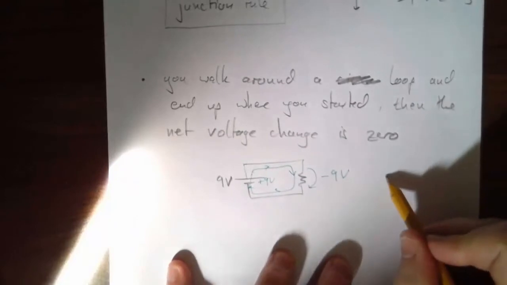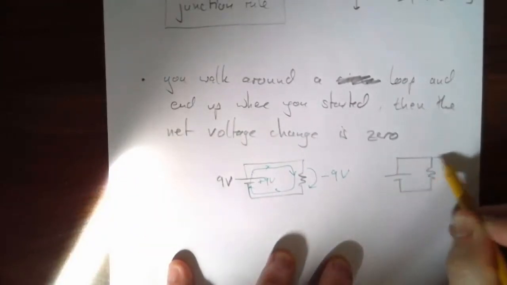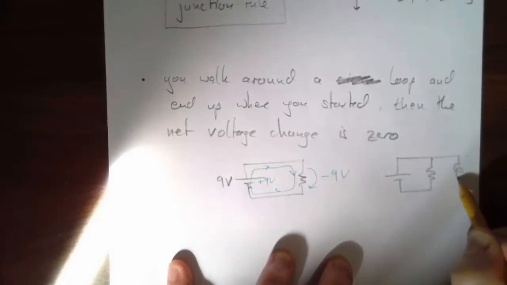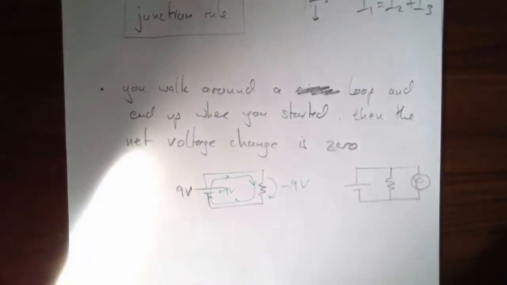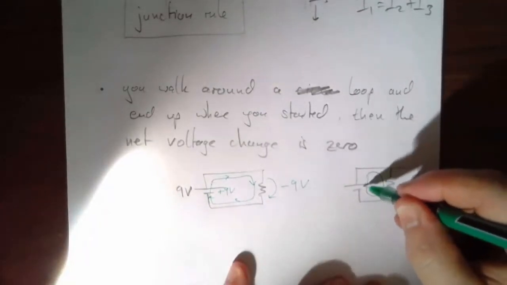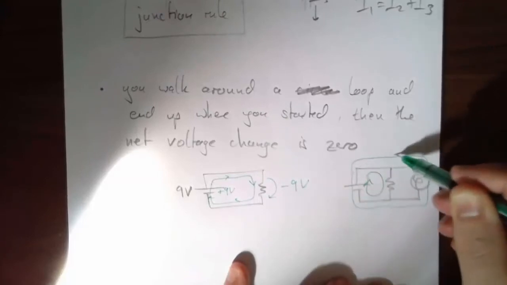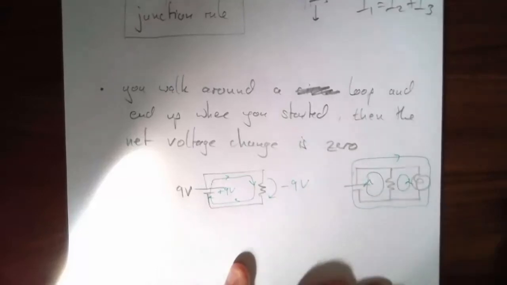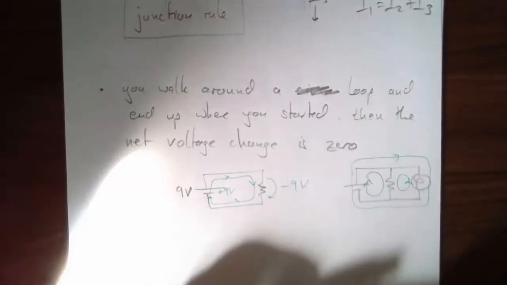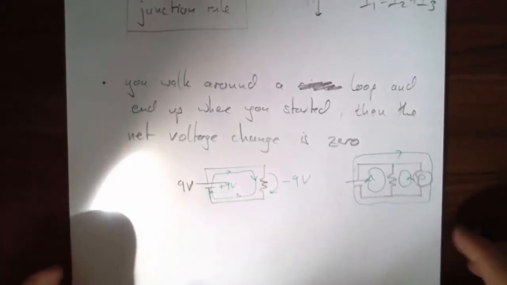So for example, if you have a circuit like this, with a light bulb and a resistor, then it would be true of this loop here. It would be true of the big loop like this, where you go around this way. It would also be true of this loop here. For examples of actually applying that, there are some subtleties here.